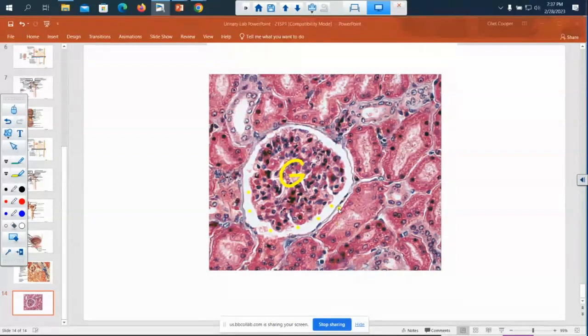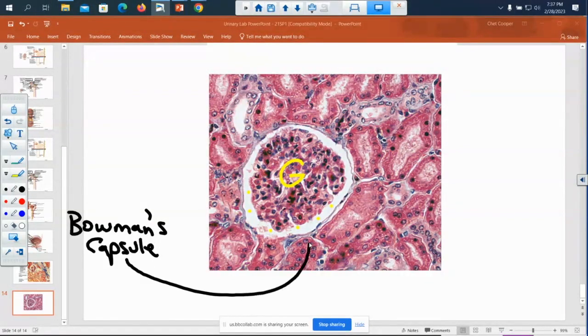Do you guys see this little thin line right here? That's the Bowman's capsule. Wow. It is actually simple squamous.